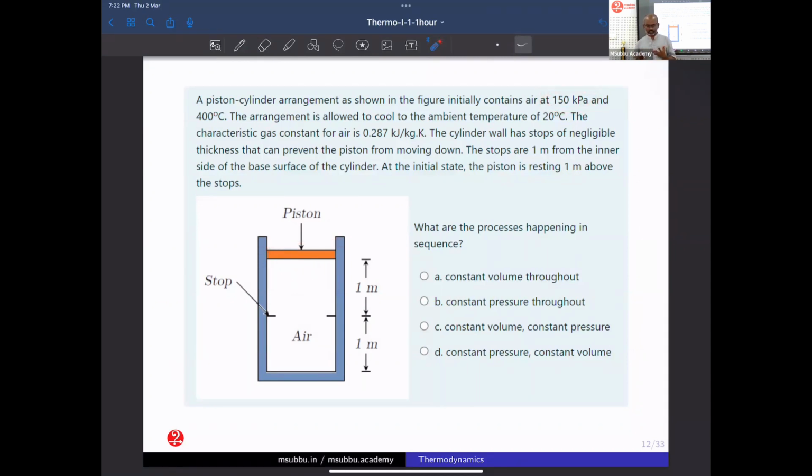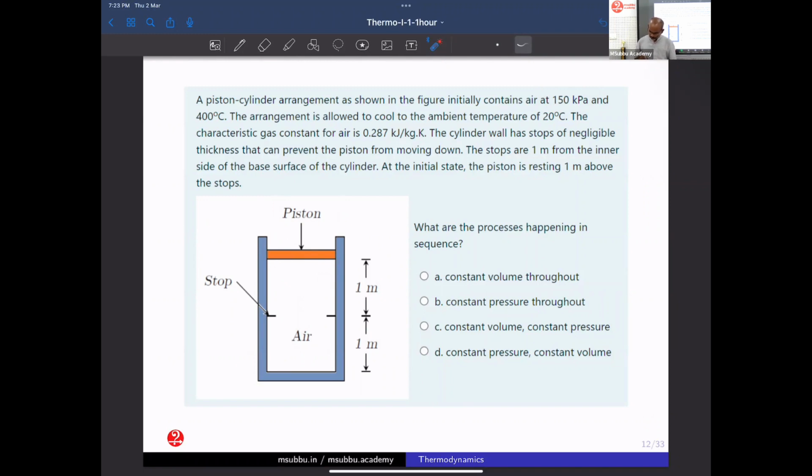How is the pressure actually maintained? The pressure of the system and the pressure of the surroundings have to be equal. The pressure due to the weight of the piston is balanced by the opposing pressure of the air.